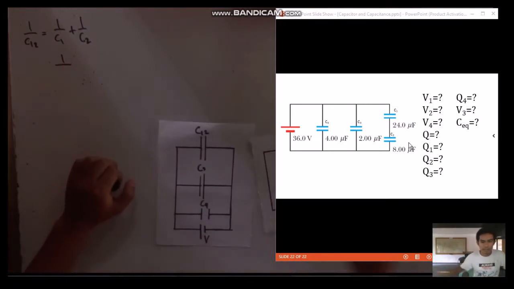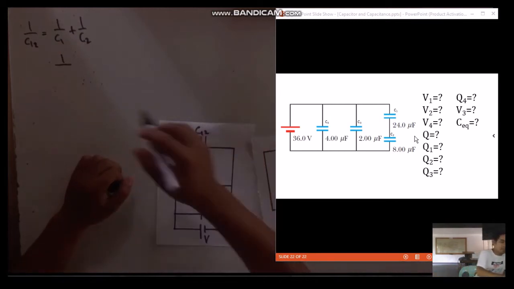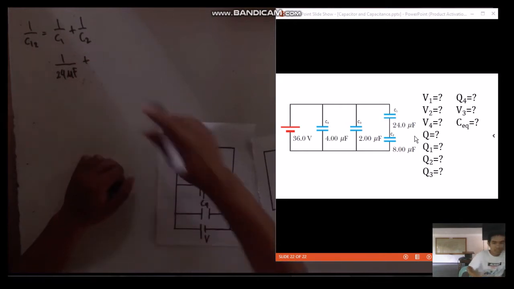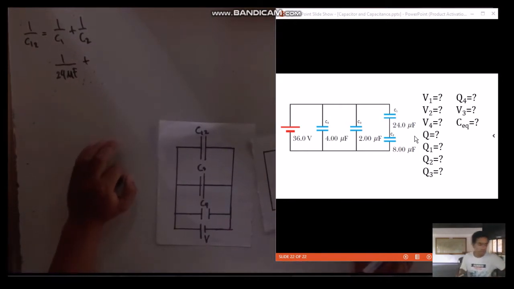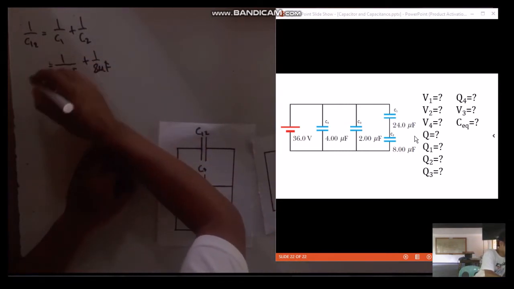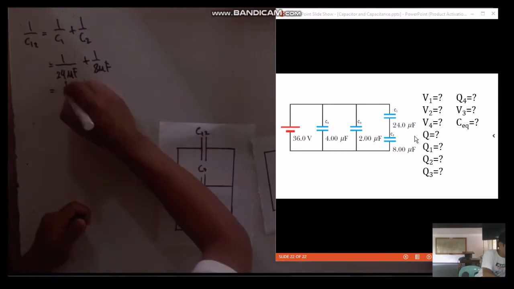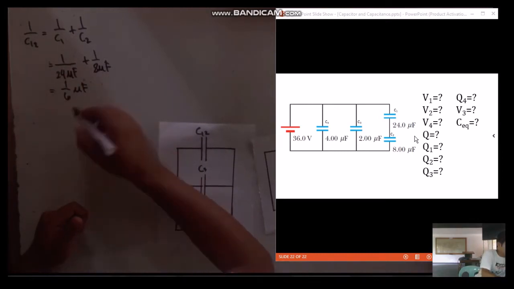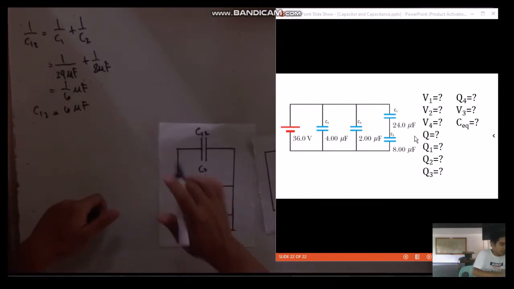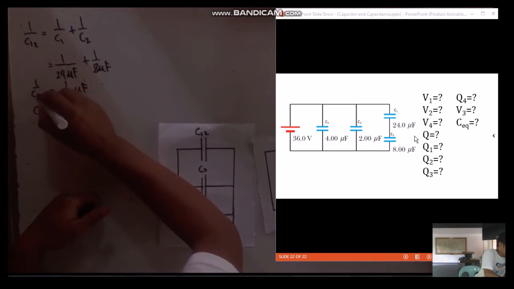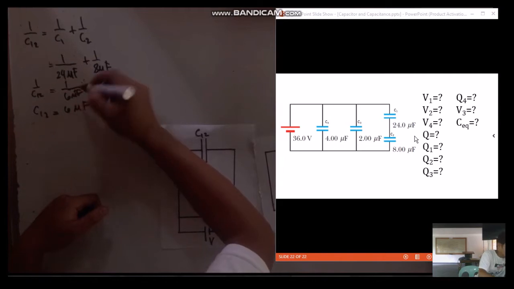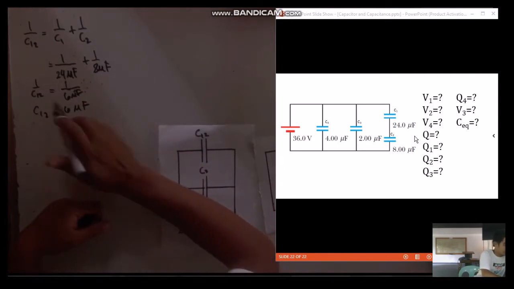That's 1 over 24 microfarad plus, C2 is 8 microfarad, so 1 over 8 microfarad. Then 1 over C12 is 1 over 6 microfarad. So C12 is 6 microfarad.